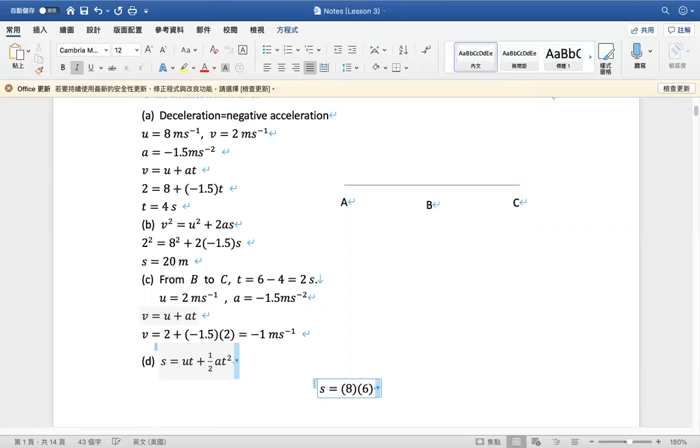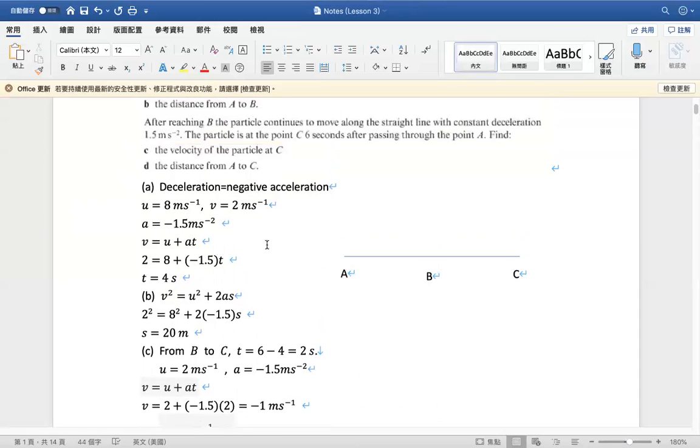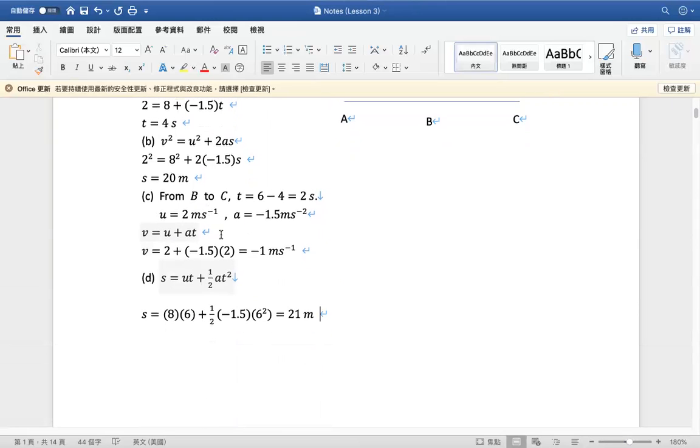So 8 times 6, plus a half, acceleration is always negative 1.5, and the t here is again 6 squared. In total, what's this? 8 times 6 minus a half of 1.5 times 36, which is 21. We have 21 meters here. So that's the distance from A to C. Is that okay for you? Yeah. All right.